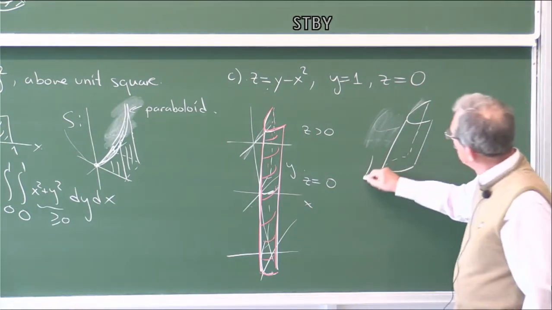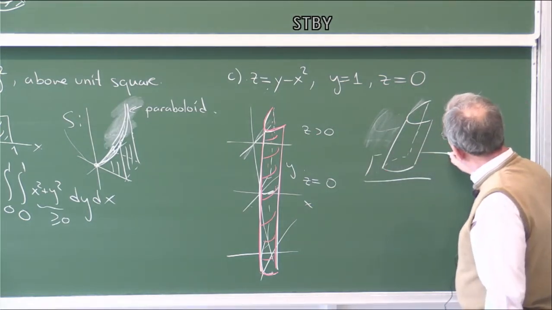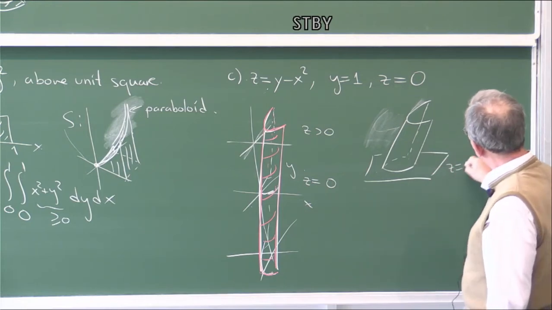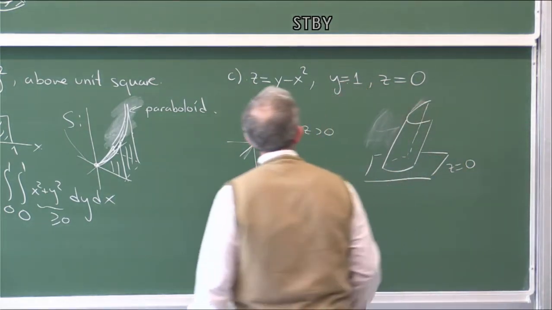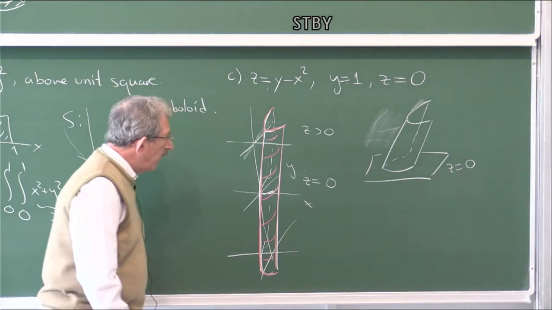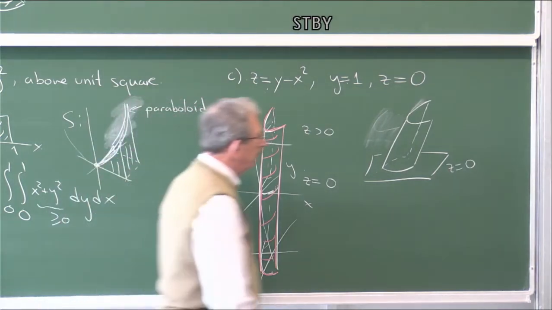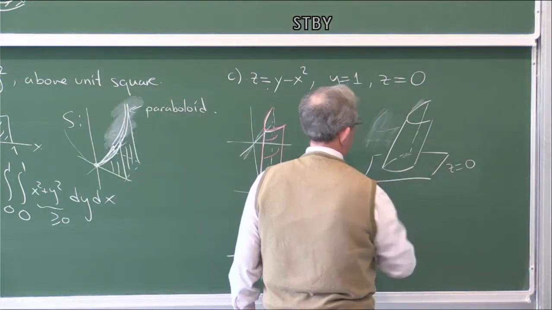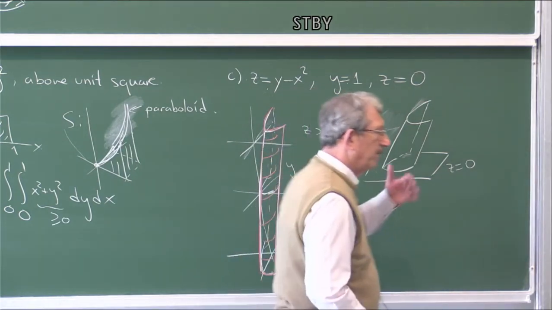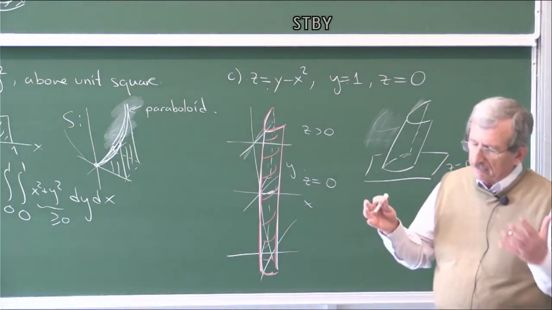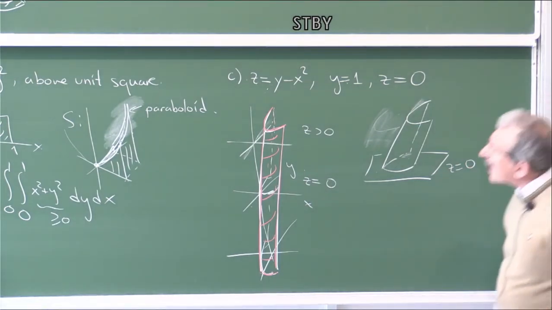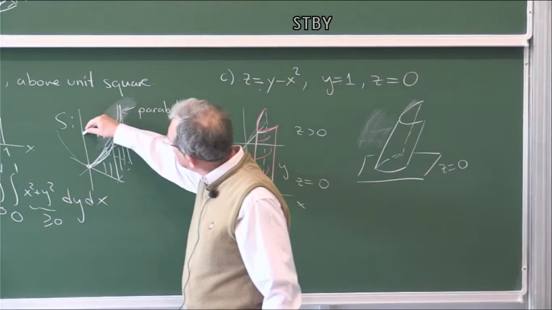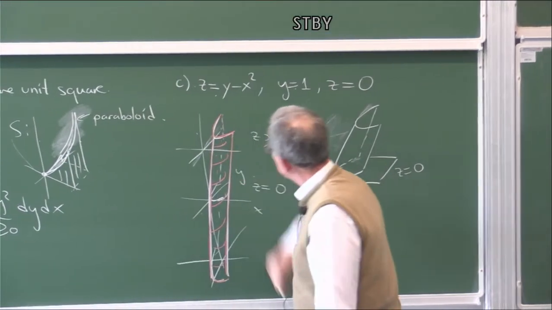That means we have some bottom part which bounds it from below. And we have the y equal to 1 curve. Well, y equal to 1 is a vertical plane, sorry. It's a vertical plane, which is parallel to the zx plane here.